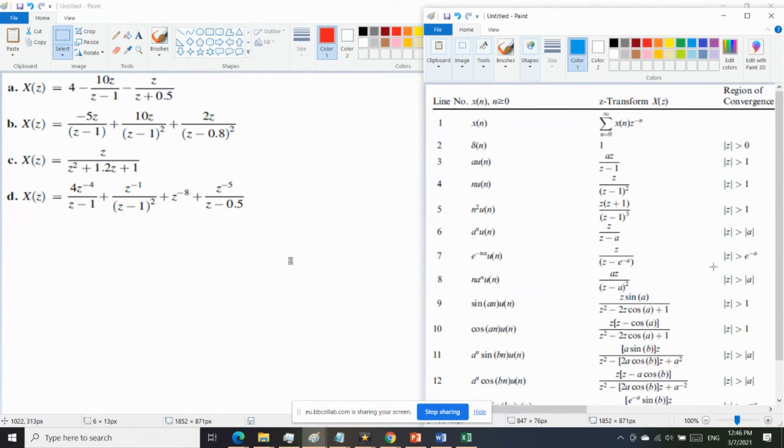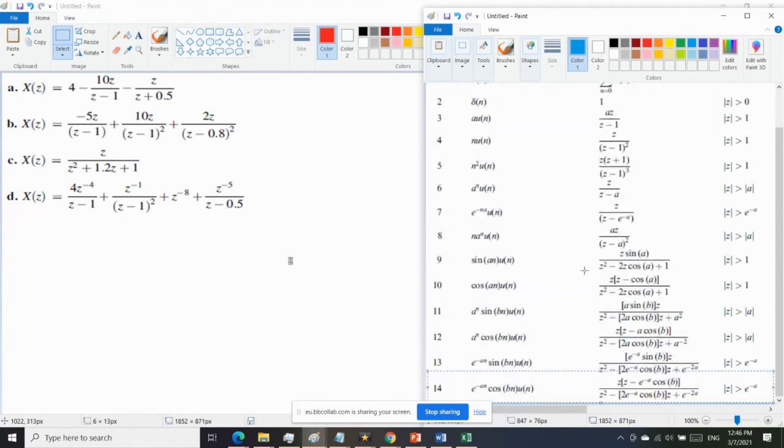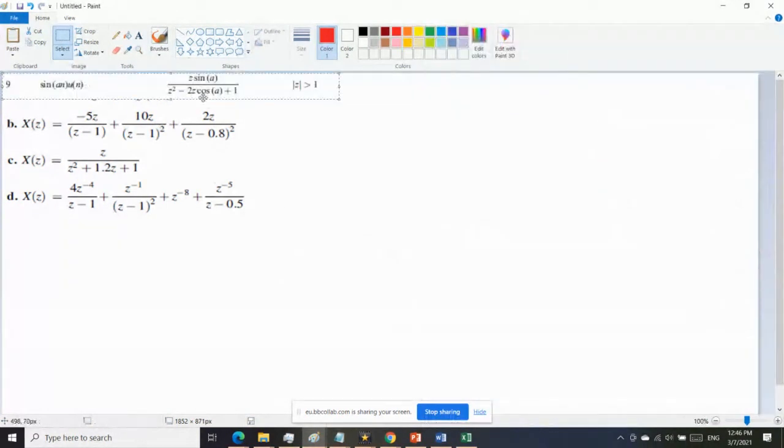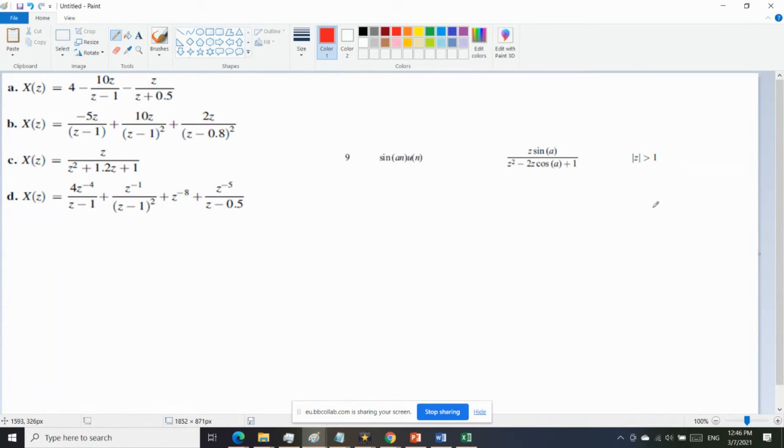What about this one? Maybe this one or this one will fit. Maybe rule number 9 will fit. How? You find what makes the sine one and the cosine a number. Exactly. So what makes the sine one? If you have an angle alpha, the sine is this. What makes it reach one? When alpha is pi over 2.